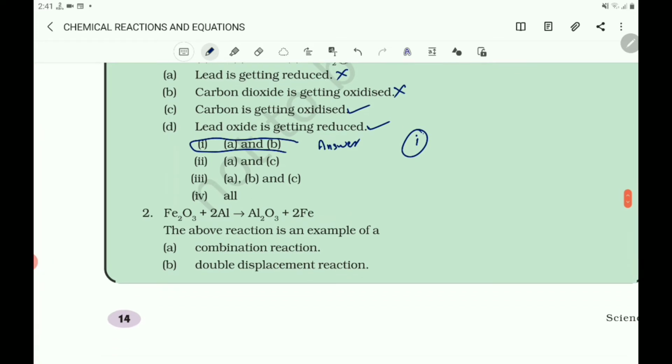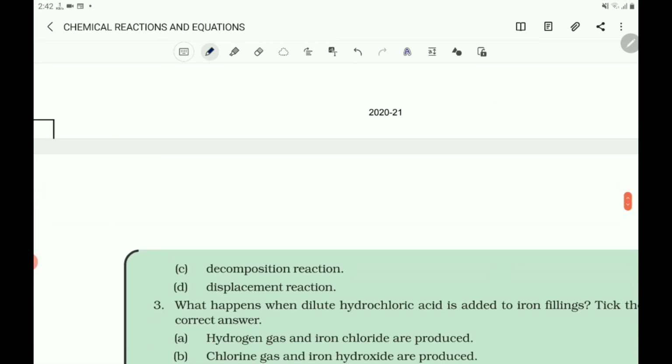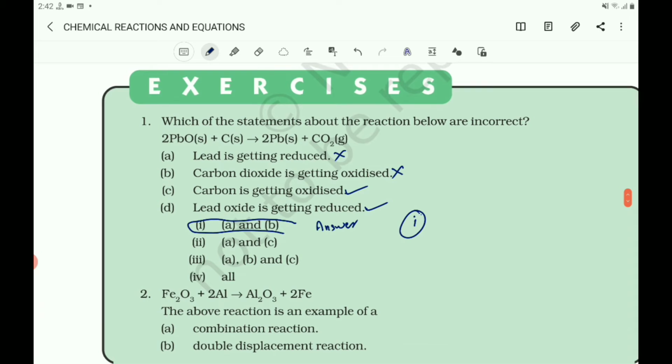Next, Fe2O3 plus 2Al gives Al2O3 plus 2Fe. The above reaction is an example of a combination reaction, double displacement reaction, decomposition reaction, displacement reaction. And see the reaction here. Fe2O3 plus 2Al gives Al2O3 plus 2Fe.